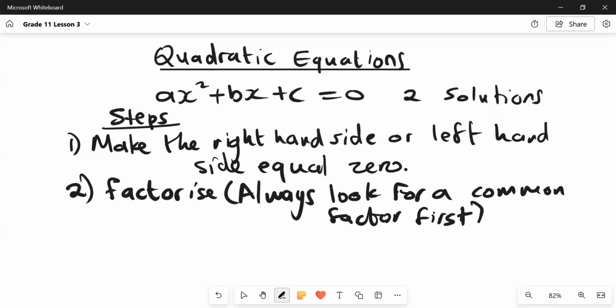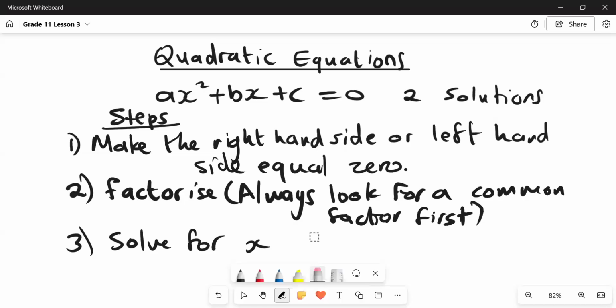And then number 3, that's when you solve for x. So I want us to apply these steps in every problem that we'll be working with. So without waste of time, let's start.